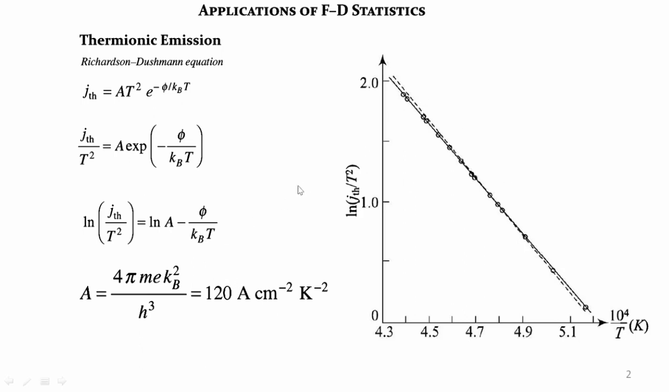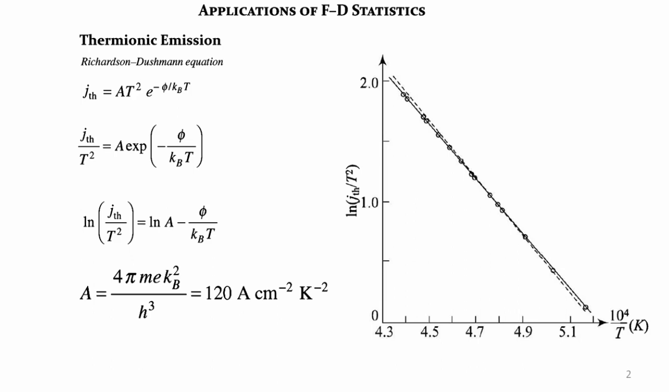You can just measure the thermionic current for different temperatures, plot the data in this specific manner, and from that data we can obtain the work function for that particular metal. So this is a really very useful application of this Richardson-Dushman equation. Similarly, the intercept of this equation gives us the value of A.